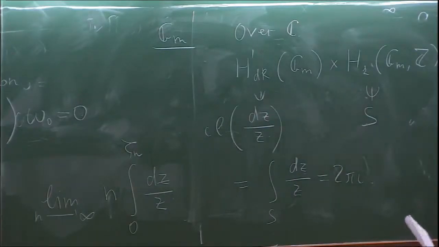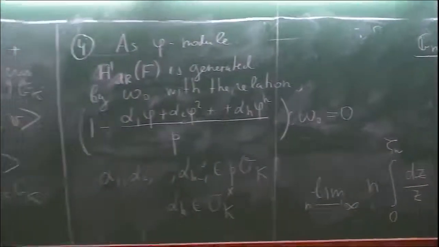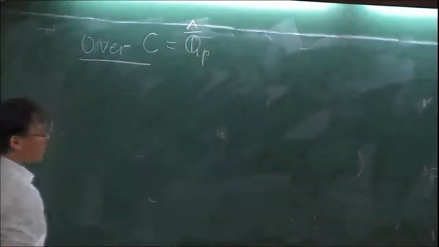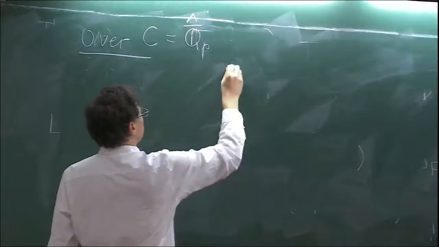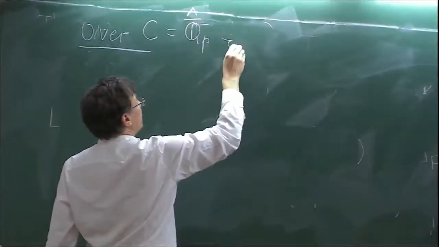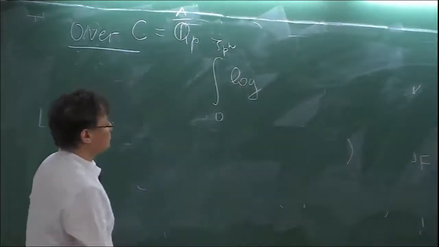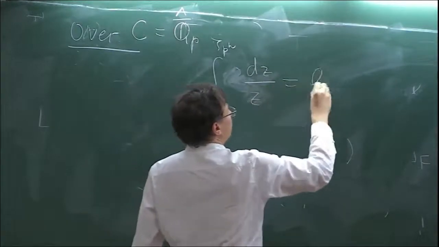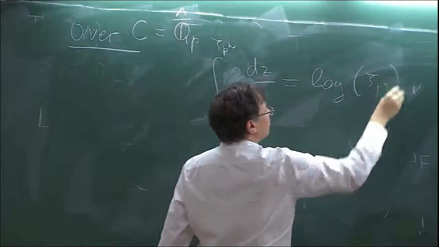If we do exactly the same thing over Q_p or C_p, if we take the integral from 0 to zeta_{p^n} of dz by z, this is the logarithm of zeta_{p^n}, which is 0.